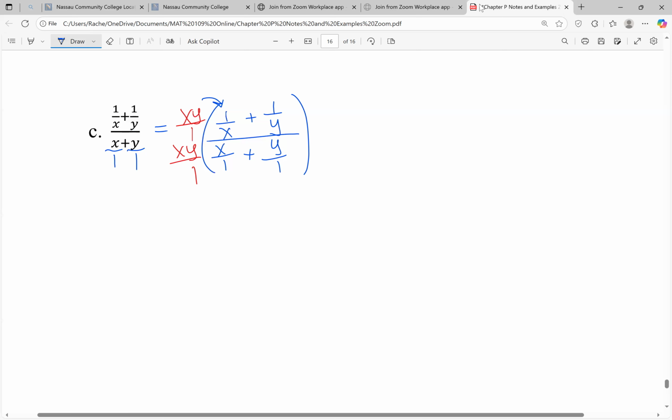So let's distribute. I'm going to have x times y over x plus x times y over y divided by x times y times x plus x times y times y. And they're both over 1, so I'm just going to leave it.